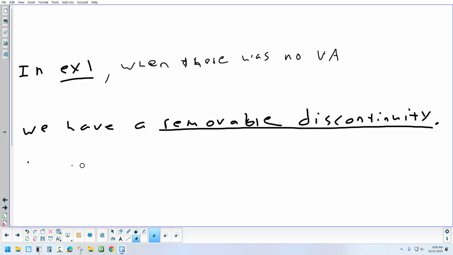A removable discontinuity is the fancy word for a hole in the graph. It's infinitely small, but it's there. It just means it's a hole in the graph.